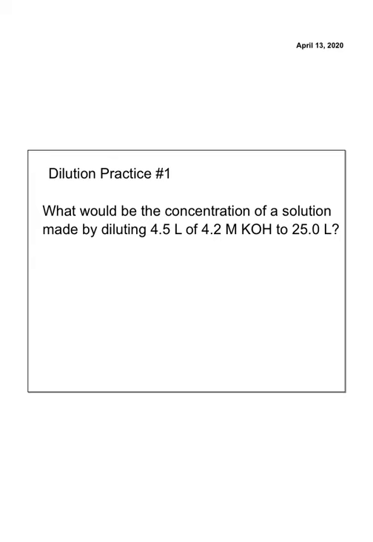What would be the concentration of a solution made by diluting 4.5 liters of 4.2 molar to 25 total liters? So we got M1 times V1 equals M2 times V2. So we want 4.5 liters were taken of 4.2 molar, and the new total volume is 25. So we're looking for this guy.